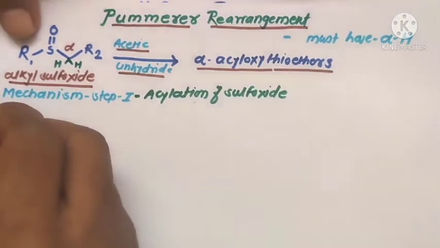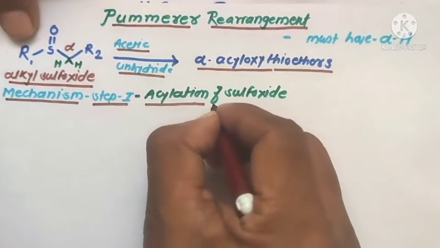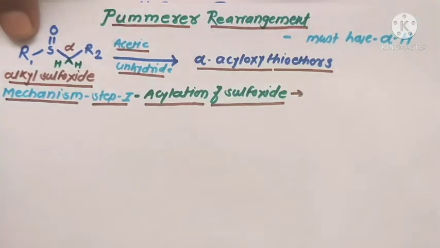Reaction mechanism. In this mechanism, in the first step, there is acylation of the sulfoxide to form an acyl sulfonium salt.